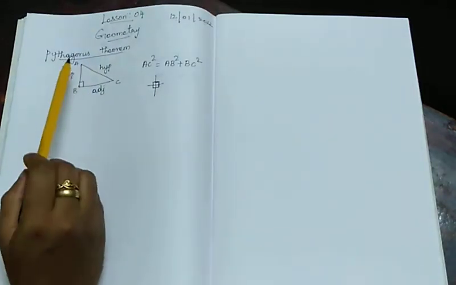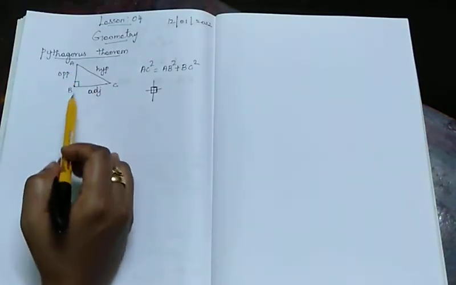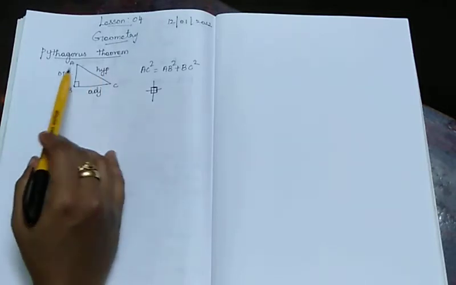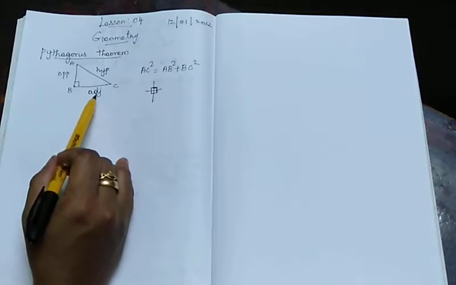As you can see, I have written Pythagoras theorem. This theorem is very useful in doing the problems. What is the Pythagoras theorem? There is a right angle triangle. The side which is opposite to the right angle is the hypotenuse, the side opposite to the given angle is the opposite, and the remaining side is adjacent.